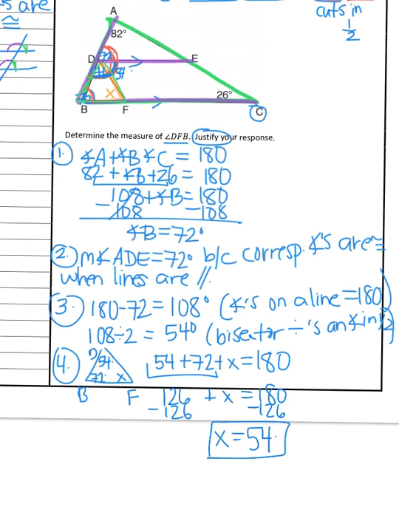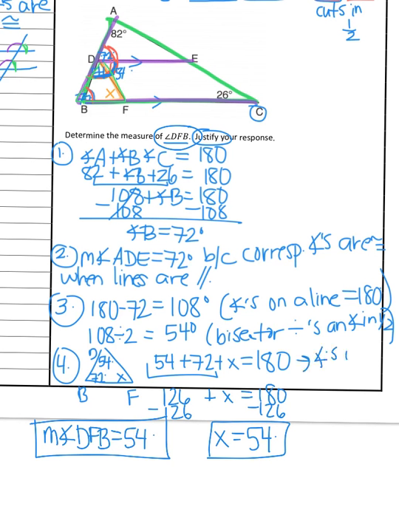Our final answer should be the measure of that angle that it asked for. So the measure of angle DFB is equal to 54 degrees. And in this last step, if we wanted to add our reasoning, it is that the angles in a triangle equal 180 degrees.